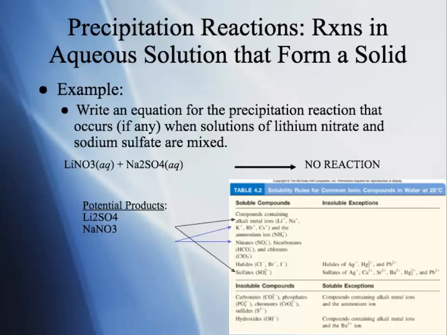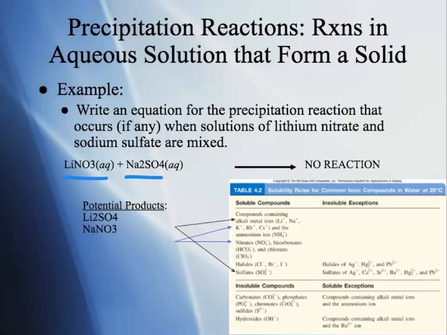All right, so here's an example. Write an equation for the precipitation reaction that occurs, if any. Because remember, sometimes precipitation reactions don't occur, and that's what we actually need to find out. So write the equation when solutions of lithium nitrate and sodium sulfate are mixed. We've got lithium nitrate here, and we've got sodium sulfate.